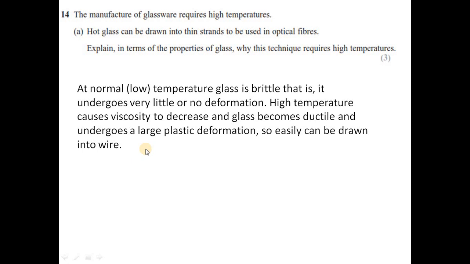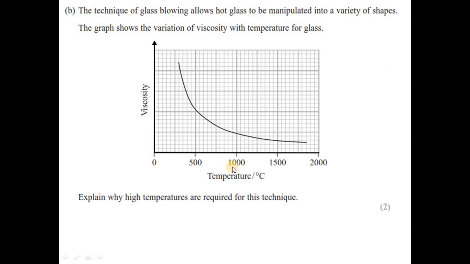Okay, so let's see question number 14 B. The technique of glass blowing allows hot glass to be manipulated into a variety of shapes. The graph shows the variation of viscosity with the temperature for glass.